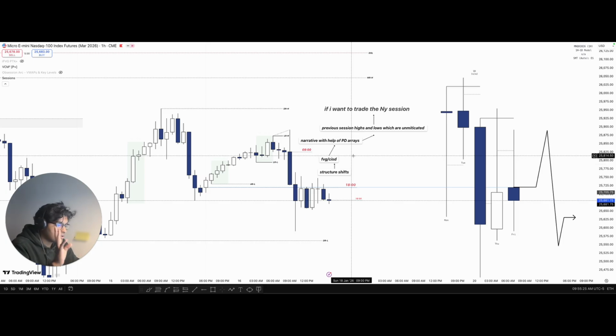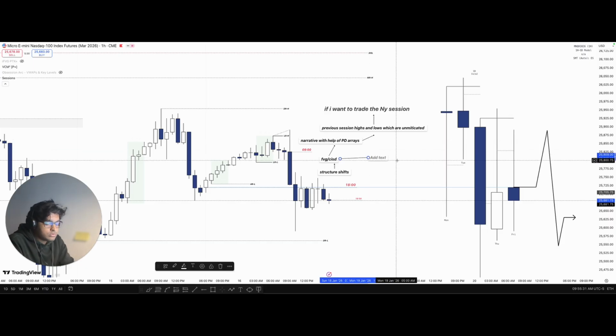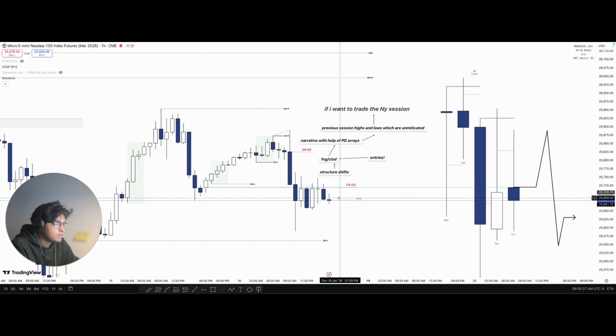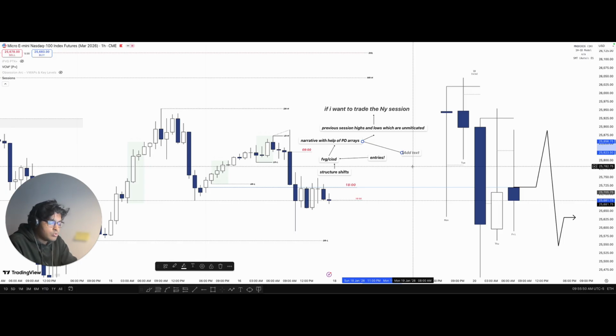And with CISD and FVGs, this will also help you to take entries in the market. And the narrative will give you what? Which draw on liquidity is the target.